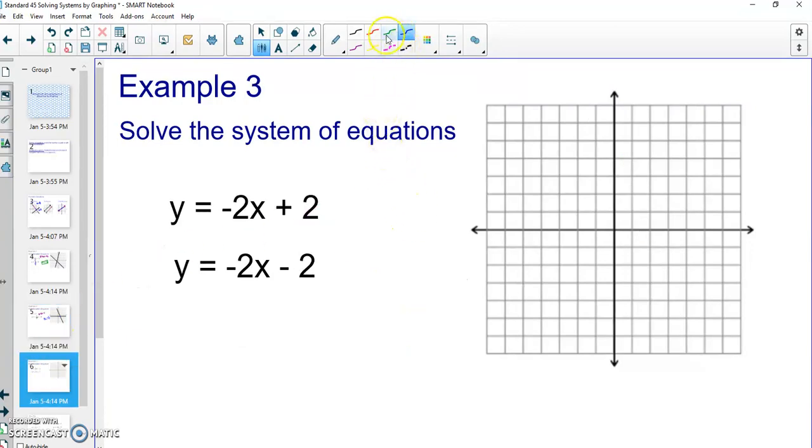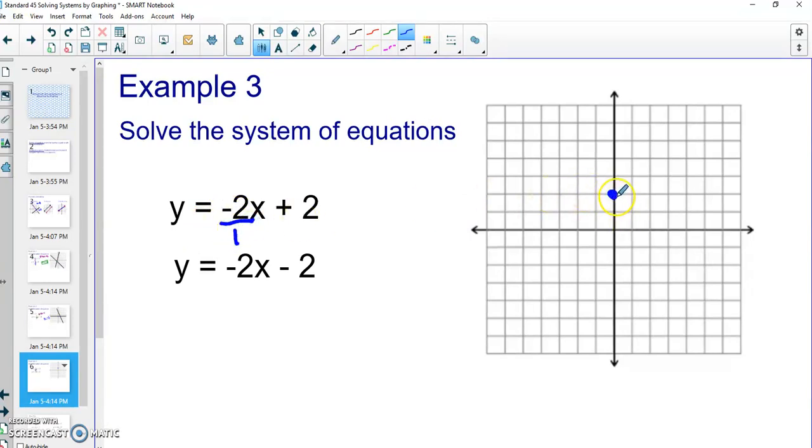Alrighty, example 3. For example 3, my first equation is y equals negative 2x plus 2. So my y-intercept is this value right here, 0, 2. I'm going to go on my y-axis and put a point at 0, 2. Then my slope is a negative 2, which remember, if that's a whole number, we put it over 1.